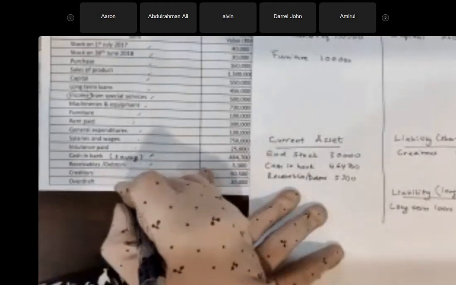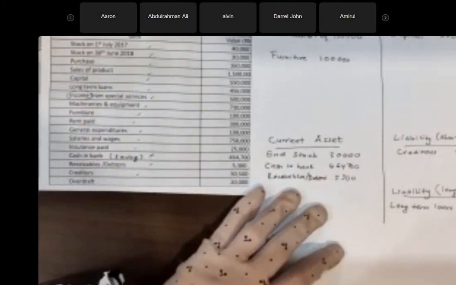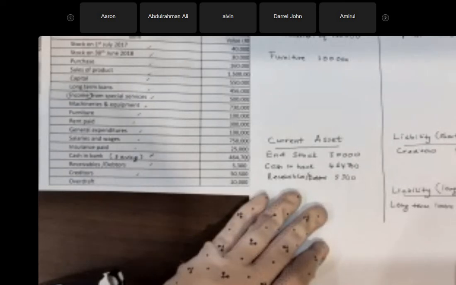Okay, and the last one is overdraft. Overdraft is like creditors too. You have to pay in a very short time, very short term. We have to pay. Otherwise you will be involved with interest, high interest.